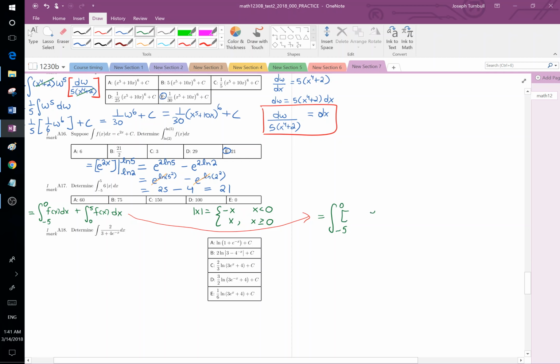So we're looking for what the function is doing between negative 5 and 0. Between negative 5 and 0, that's x values that are less than 0. So our absolute value of x function gets replaced by a negative x. And then the second part, from 0 to 5, that's for values of x that are positive. So our function gets replaced by a positive x.